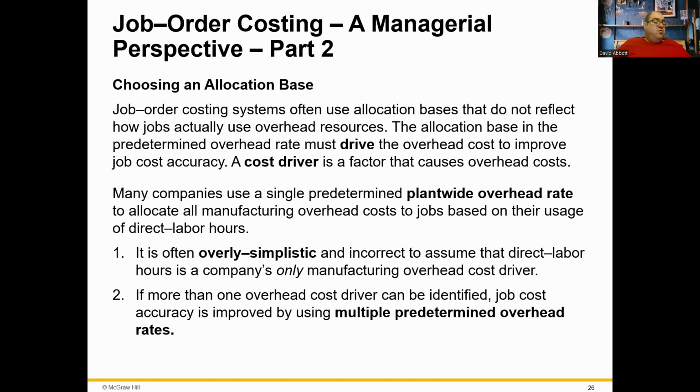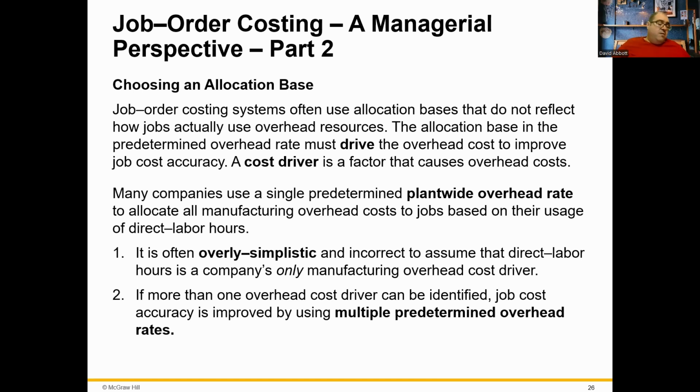Many companies use a single predetermined plant-wide overhead rate to allocate all manufacturing overhead costs to jobs based on their usage of direct labor hours. But it is often overly simplistic and incorrect to assume that direct labor hours is the company's only manufacturing overhead cost driver, because oftentimes there might be more than one cost driver, or some types of products might be more manual than others to produce.